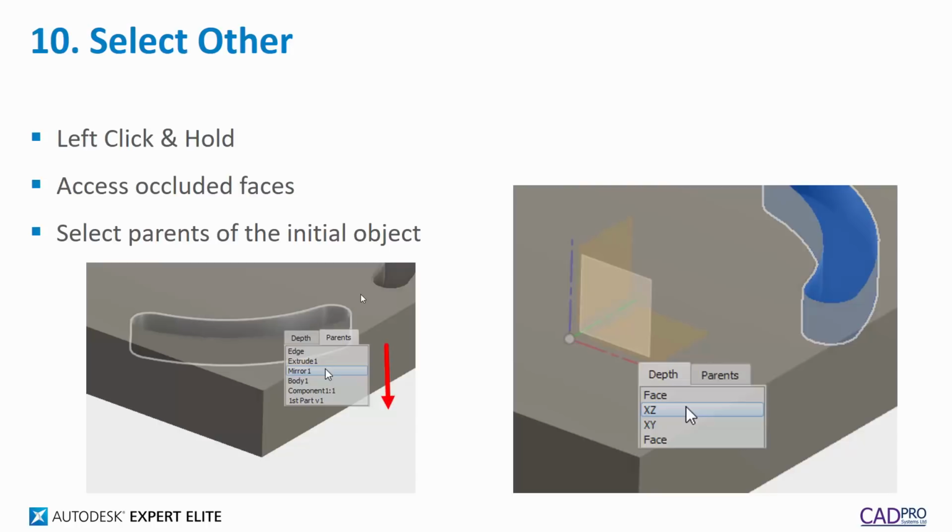Now depth will allow you to select things that are occluded by others in the background. And then parents will allow you to select the parent objects of the object you've selected. So if you've selected an edge, it will display the feature that that edge belongs to, the body that feature belongs to, and the component that body belongs to, and so on.